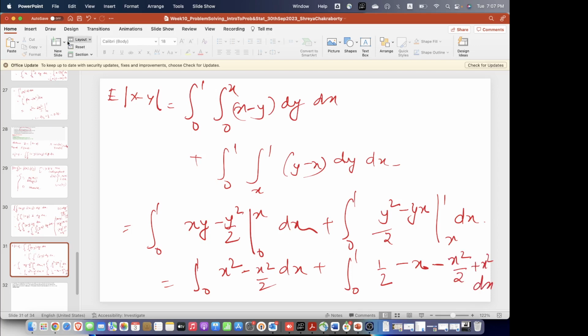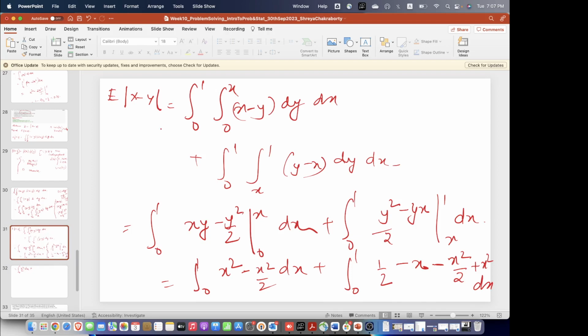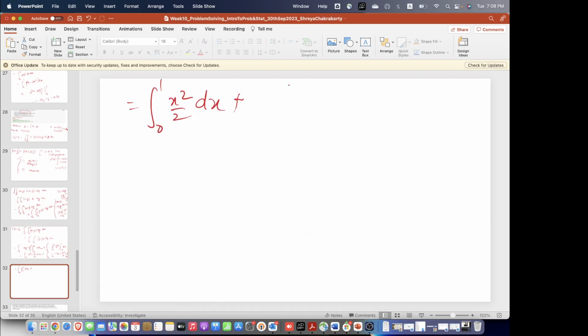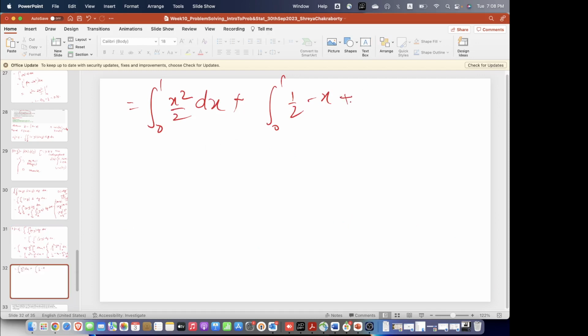So what we would have is the integral from 0 to 1 of x square by 2 dx, plus half minus x square plus x square. So we would have half minus x, and here we would have minus x square by 2 plus x square. So we would have plus x square by 2.